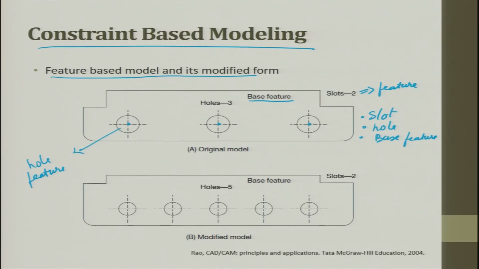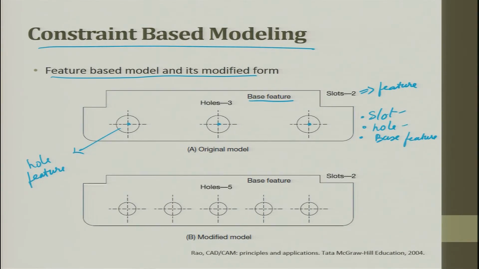Why is this important? Because I know how to create a slot, I know how to create a hole. When I say I know how to create a hole, I know the list of process parameters, the machine to use, and the toolings to be used such that I get the output.